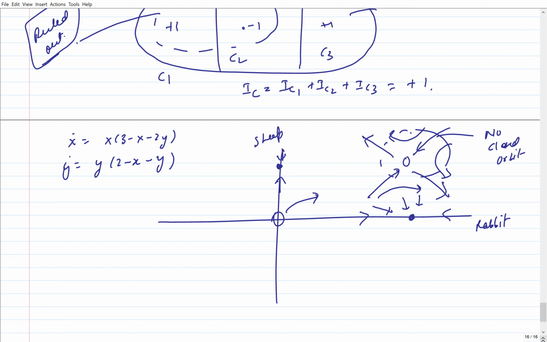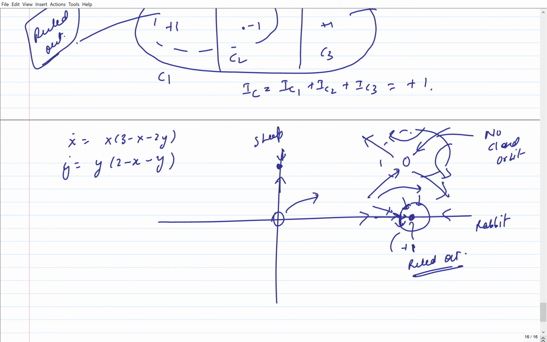What about here? Well, technically there can be a closed orbit because this was a stable node, this is plus 1, but the closed orbit would pass through this invariant line, which is actually pointing over here. So this is also ruled out. I can't have a closed trajectory pointing this way.